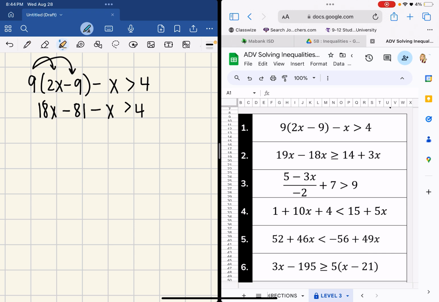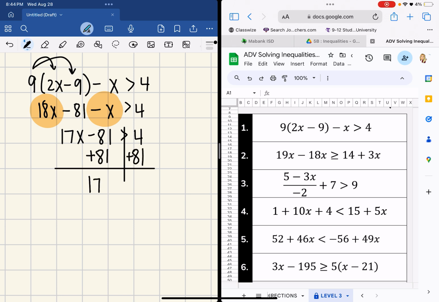In this case, we have to combine, because we have multiple x's on the same side of the equation. So 18x and then a negative 1x is going to be 17x minus 81 is greater than 4. We need to move our constant to the right, so I'm going to add 81.